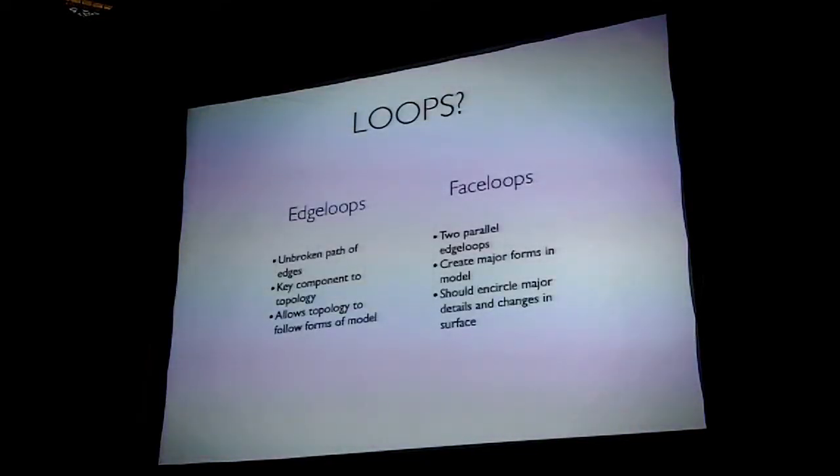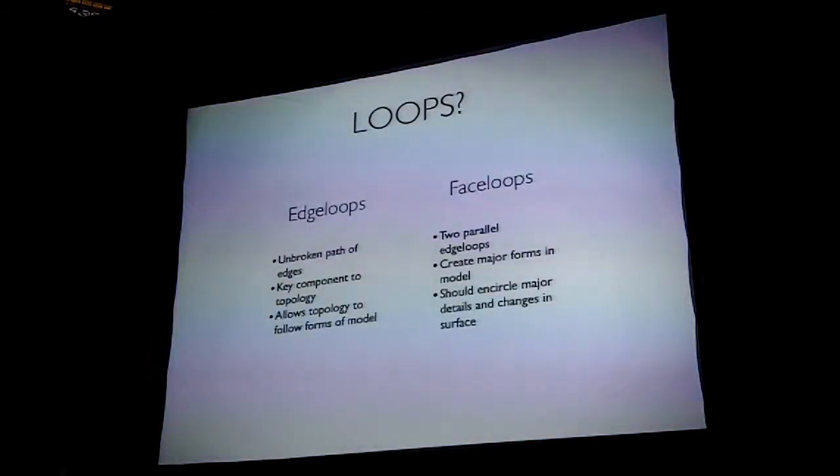Again, we're not going to talk about it too much, but what I really want to focus on are our loops, particularly edge loops and face loops. The details, you can kind of just gloss over them. As long as you have a general idea of what they are, you'll be good to go. But really the main thing to remember is that a loop is nothing more than a continuous line or path of edges that will define your shape essentially.